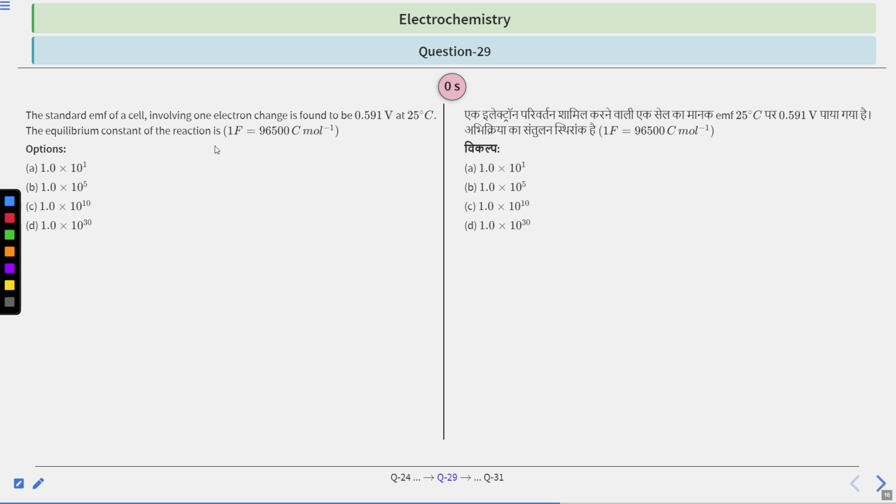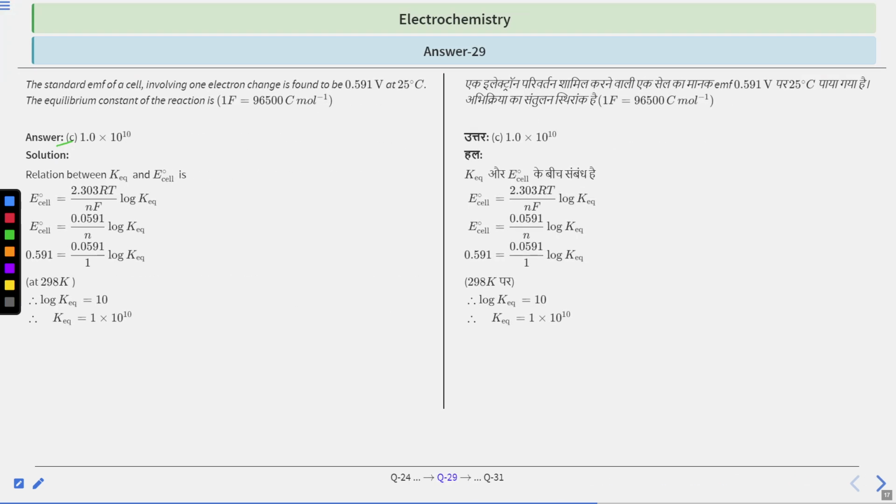Okay, let's see. The correct answer is option C, that is 10 to the power 10. So, the relation between the equilibrium constant and E naught of cell, the standard EMF of cell. Because we have been given the standard EMF, and we are asked for the equilibrium constant of the reaction. So the relation between these two is that E naught of cell is equal to 2.303 RT upon NF log K equivalent.